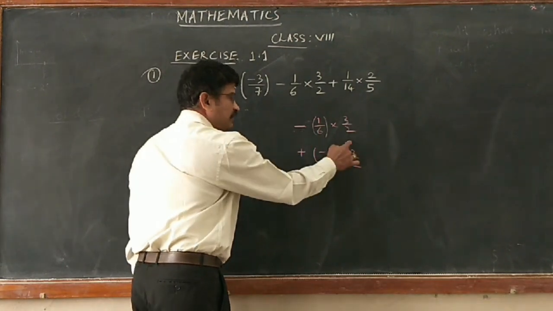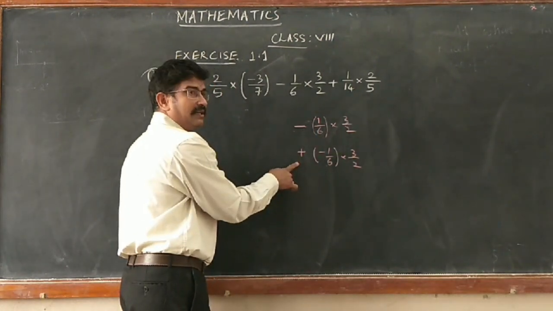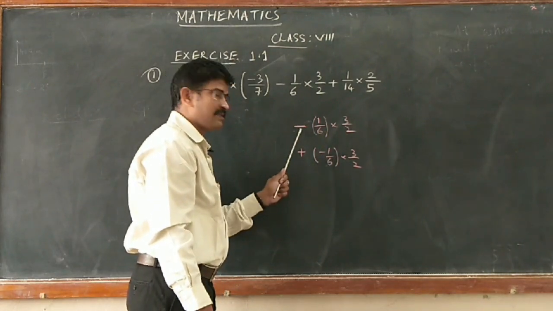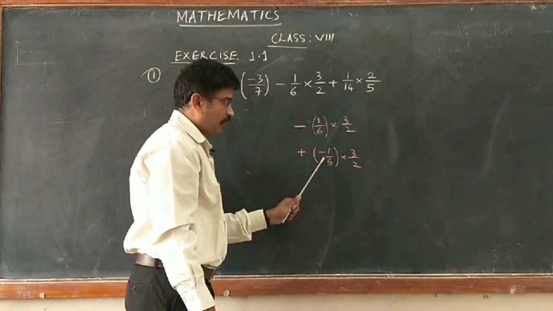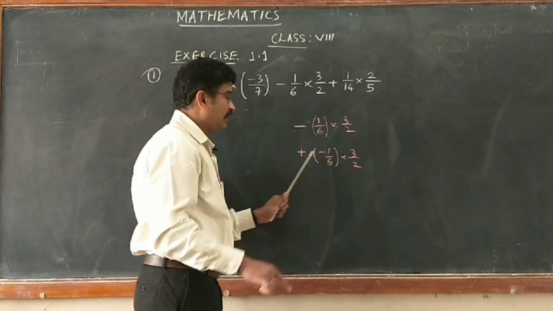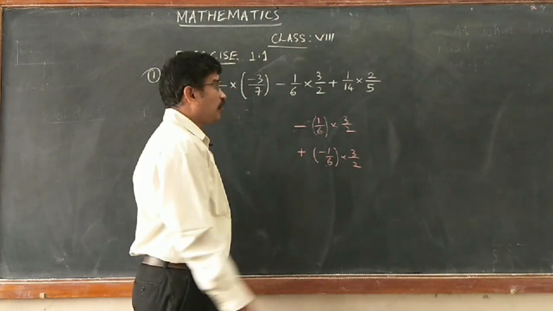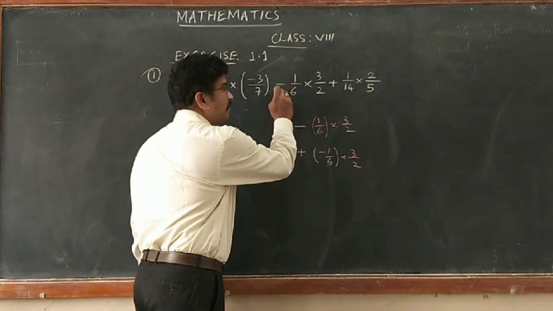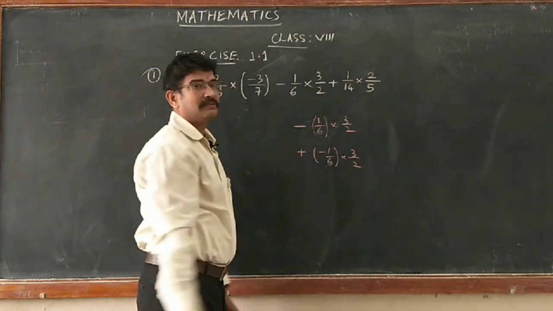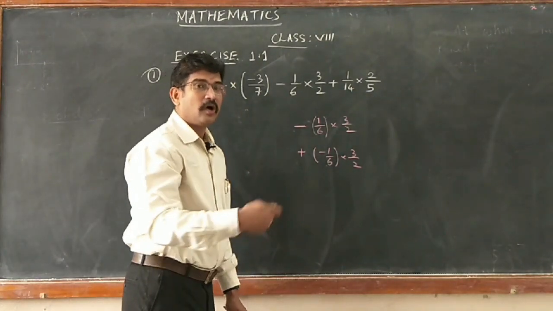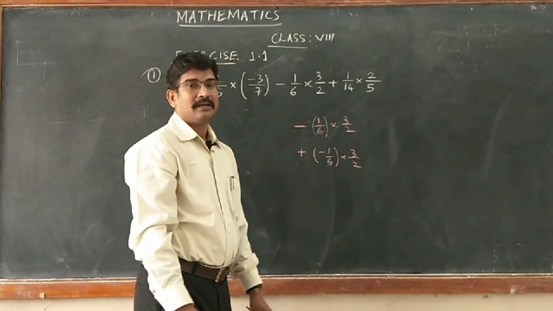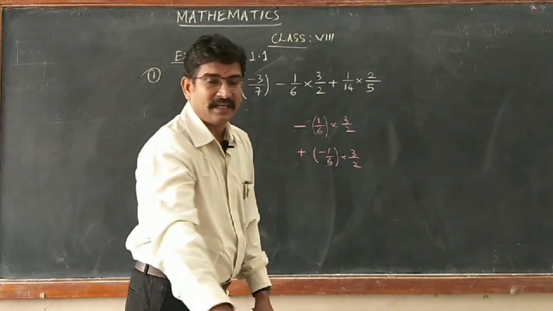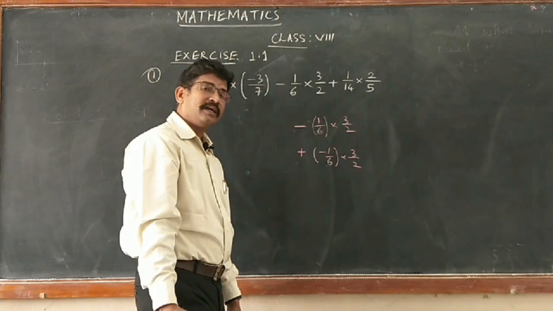So the subtraction operation turns to an addition operation, whereas here also the product of these two rational numbers is negative. Using this technique we can make subtraction into the form of addition. We call this way of writing algebraic addition.